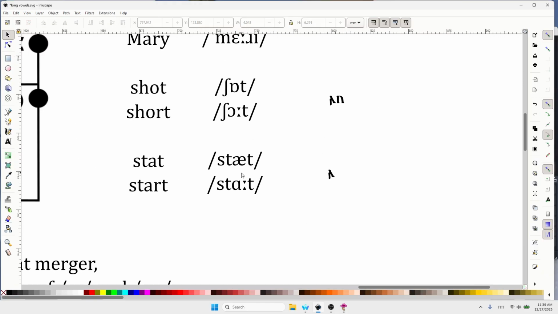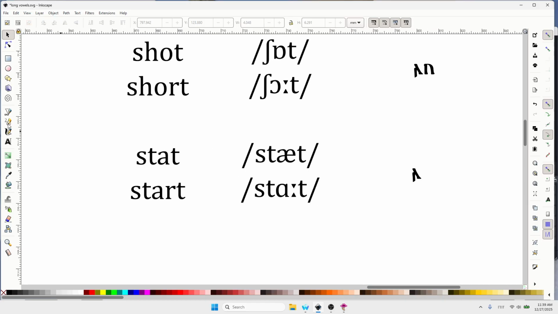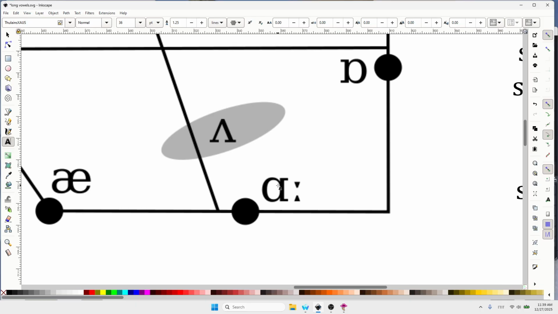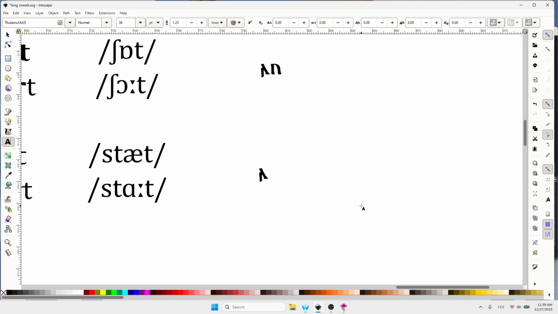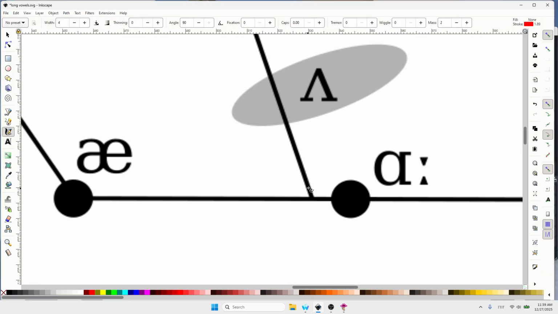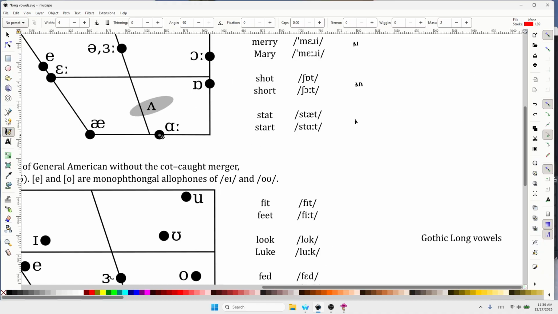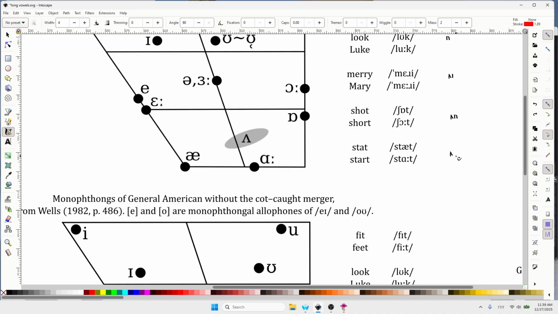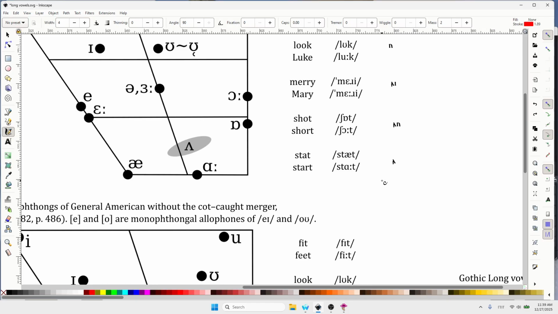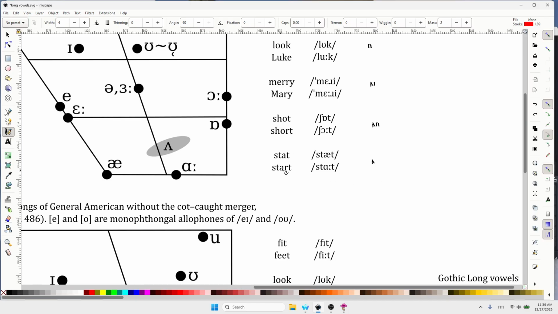And the thing is, this back a might be further back. It might be the same position as this a, but I would probably try to pronounce it here. Not that you have to. It's not really something we can tell. But you could pronounce it all the way back here and it wouldn't really be obviously wrong or even a particularly bad guess.